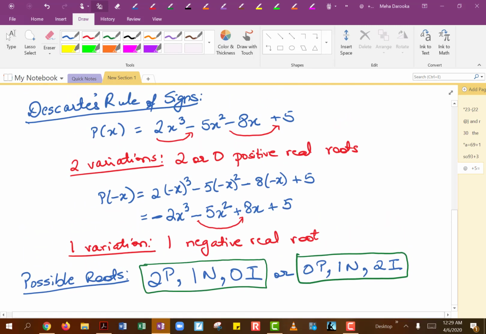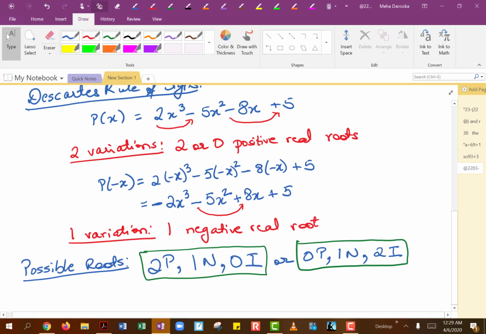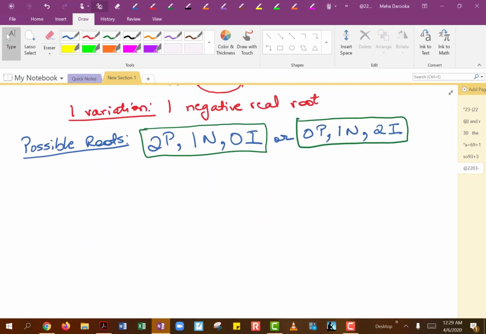So that's how that Descartes' rule of signs comes into play. And now, the third thing we had talked about was that theorem on bounds. So let's see what the bounds are for these roots.